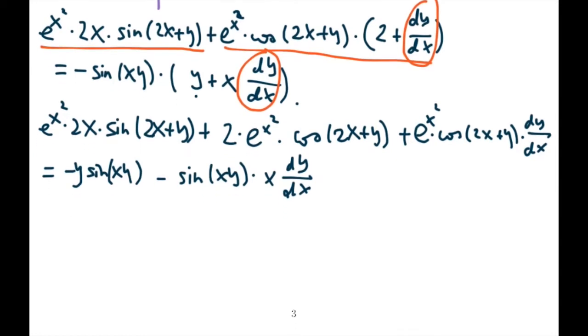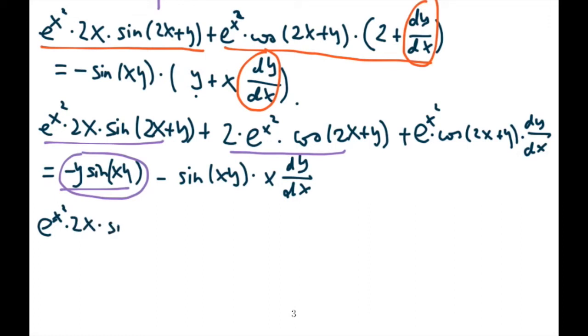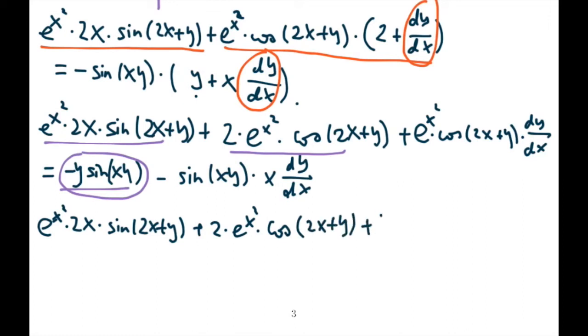Now we can see this term and this term have no dy over dx, so we can combine them together. First we move this part to the left-hand side, and we have e to the x squared times 2x times sine of 2x plus y, plus 2 times e to the x squared times cosine of 2x plus y, plus y times sine xy.